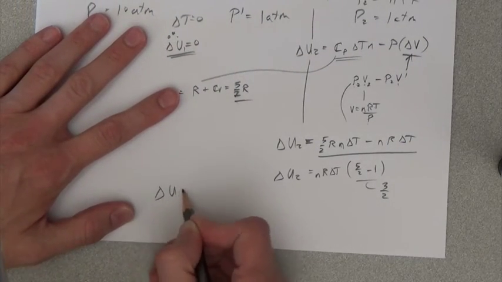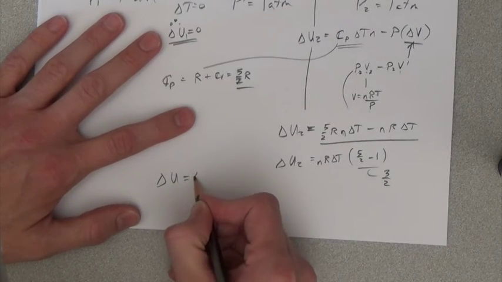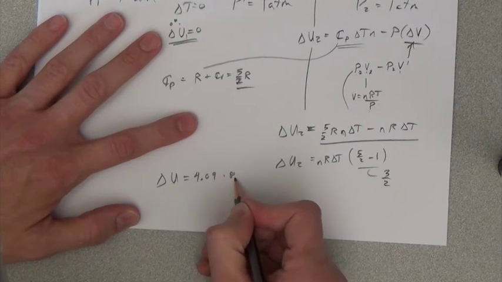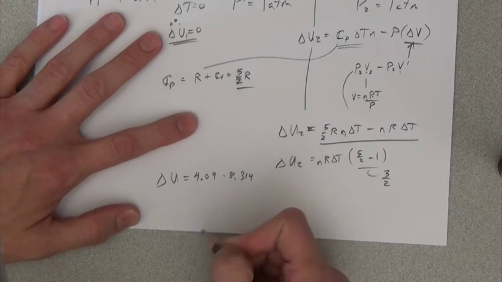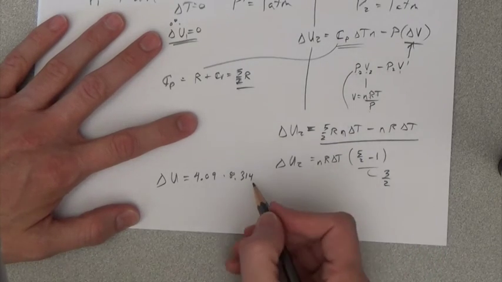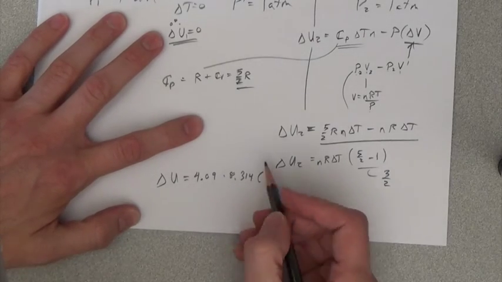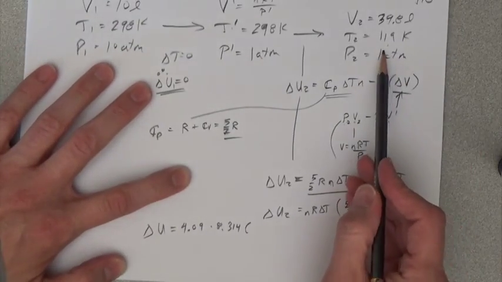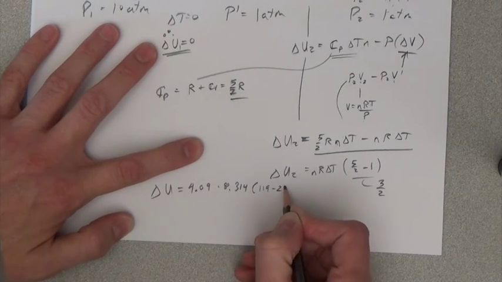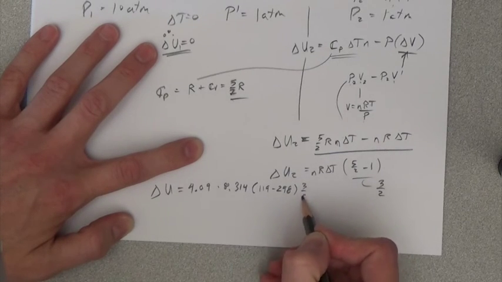So delta U is equal to 4.09 mole times 8.314 joule per mole per Kelvin times delta T, which is from here 119 minus 298, times 3/2.